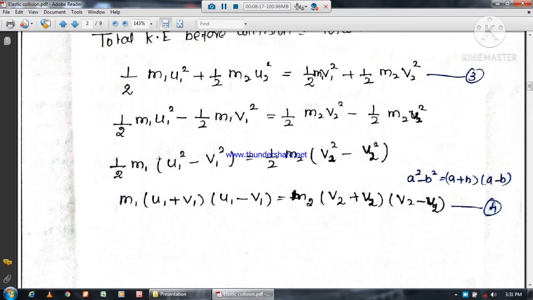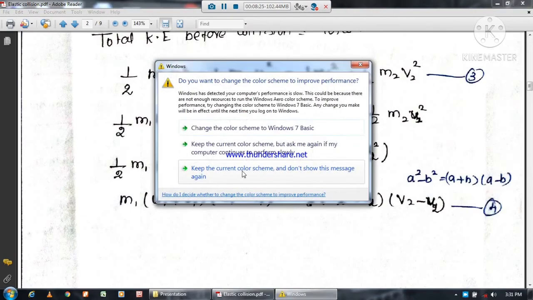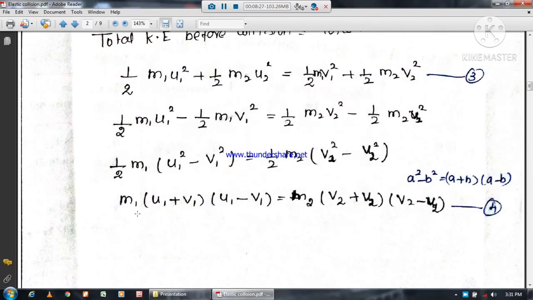We know that a square minus b square is equal to a plus b into a minus b. So you expand this, we get m1 into u1 plus v1 into u1 minus v1 is equal to, here we cancel this 1 by 2, 1 by 2, and m2 into v2 plus u2 into v2 minus u2. This is equation number 4.